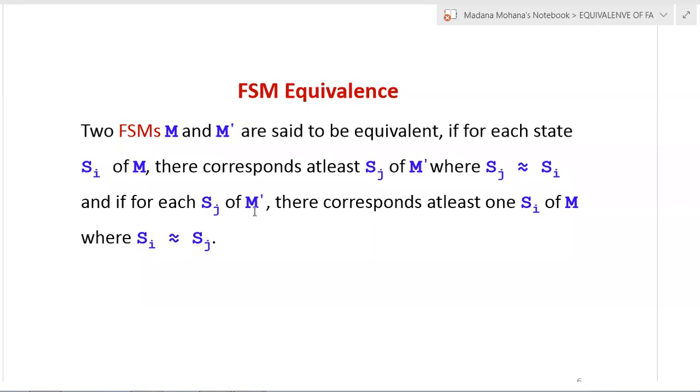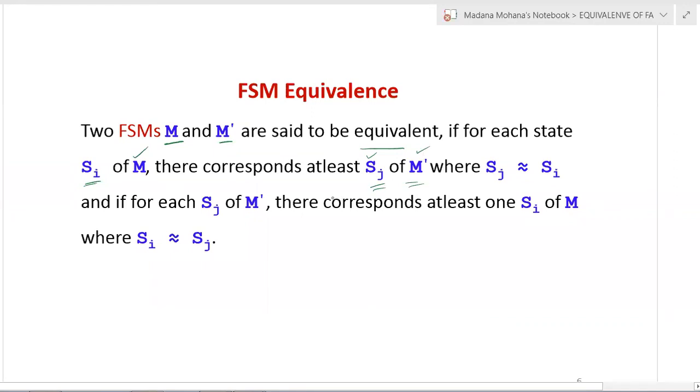Two FSMs, let us take M and M dash, are said to be equivalent if for each state Si, where Si is a state, suffix i meaning it may be state 0, state 1 and so on, for each state Si of M, the first machine, there corresponds at least one Sj of M dash, where Sj is a state of the second machine M dash.